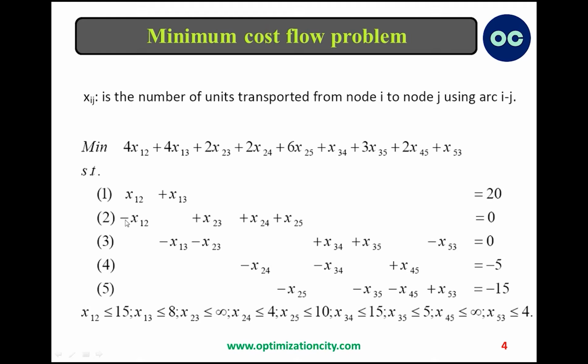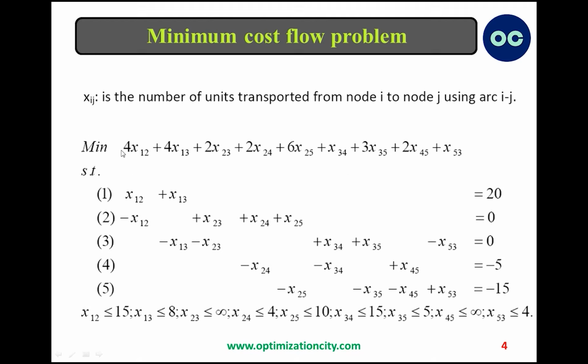Based on the above characteristics, the general form of the minimum cost flow problem can be expressed as follows. We also have the capacity for each arc, which you can see as a constraint at the bottom of the model, and we have the objective function we are going to minimize.